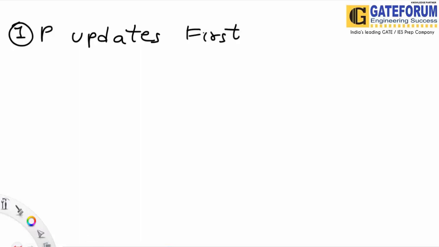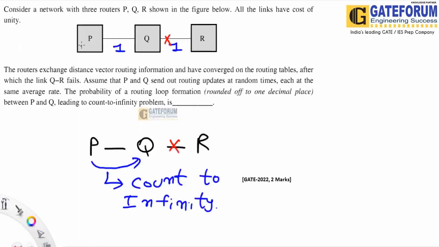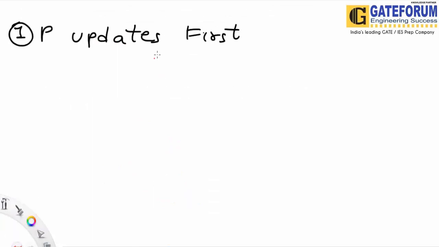If P updates first to Q, it means what? That P is telling that there is a particular path to R via P. P will not update that this path is via Q only. So it will definitely cause a count to infinity problem.